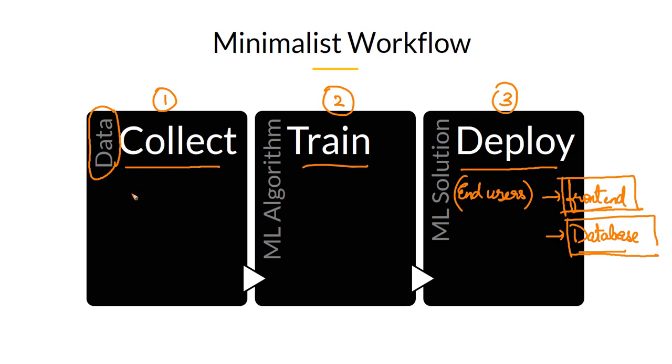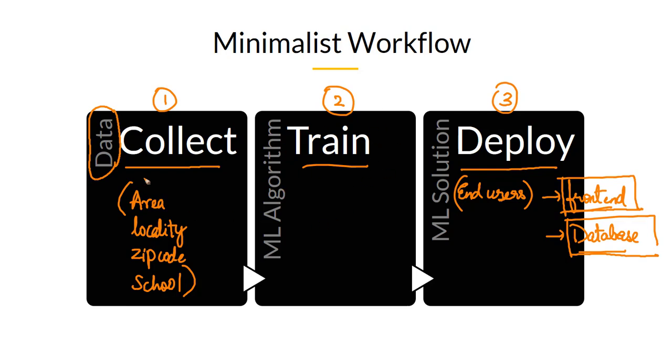So these things could be like the area of the house, the locality of the house, zip code, schools nearby, things like this. These are all things that determine the price of the house, isn't it? So collecting data involves putting together all those information and making it ready for the next step, which is training your machine learning model.